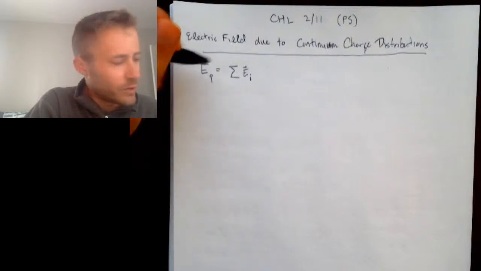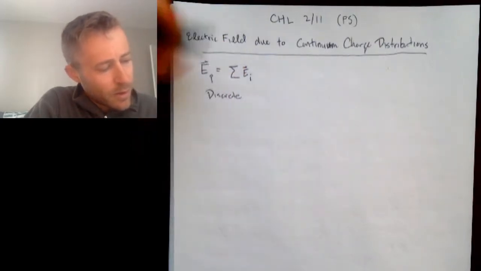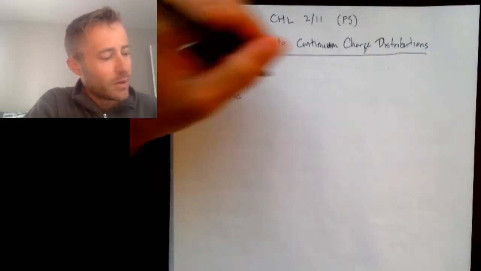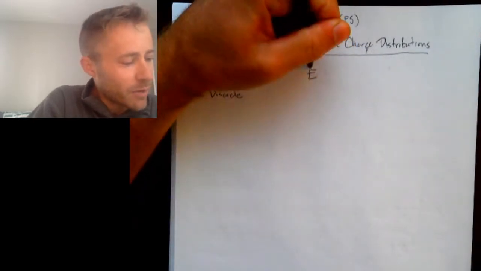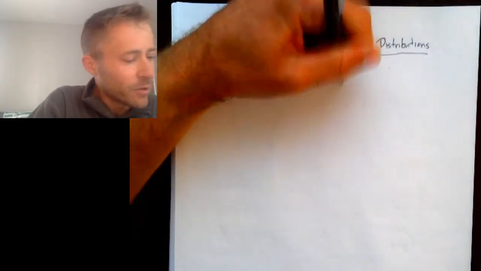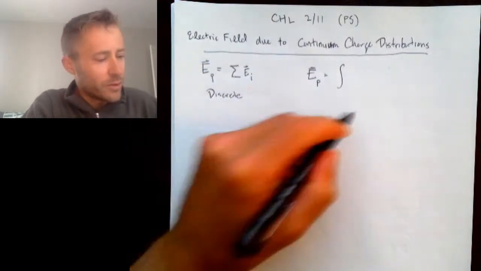So this was for discrete. But if we have a continuum charge distribution, the electric field at the point P becomes an integral.